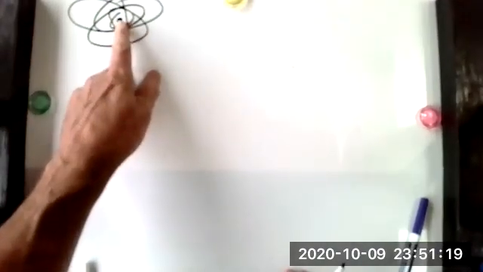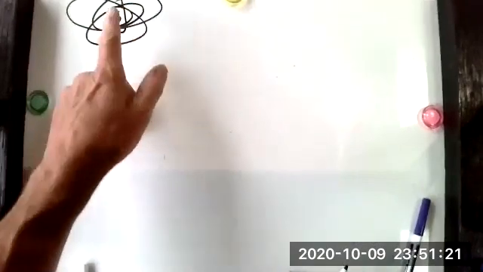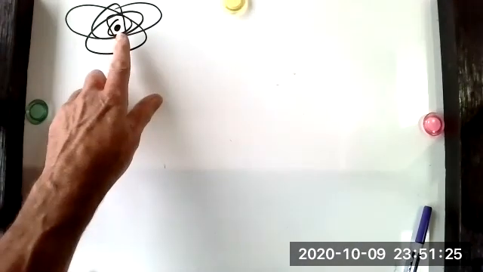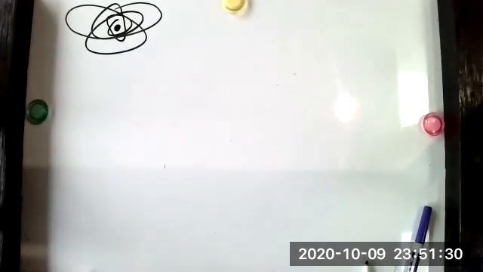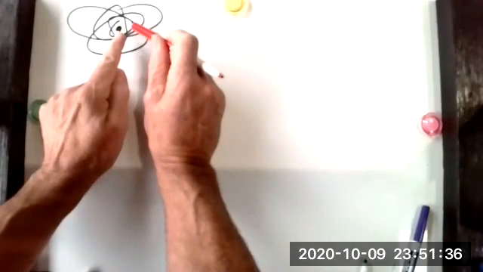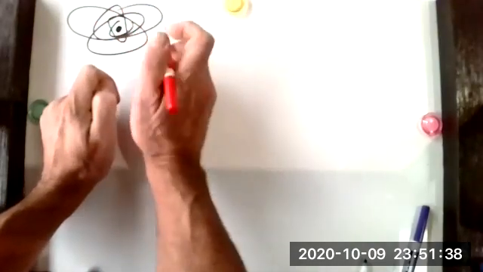There's the center, which is the nucleus, and then we have these electrons orbiting around the nucleus. That's the model that you would see. You're familiar with that. All right, what we're going to do is look at just a small section of these orbits that exist.